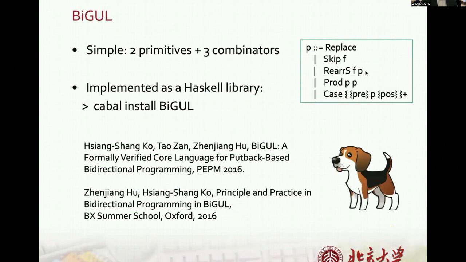What rearrange does is that it can project some information. It can do what is called a natural transformation. That means you can extract some part of the information from the source, then restructure it, and then align it with the view.